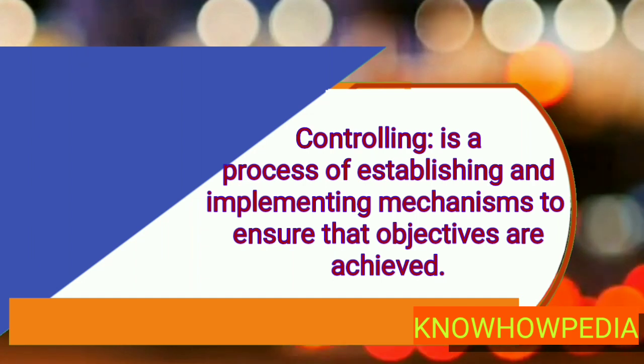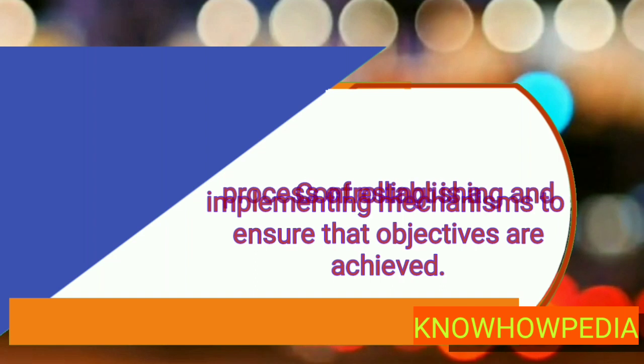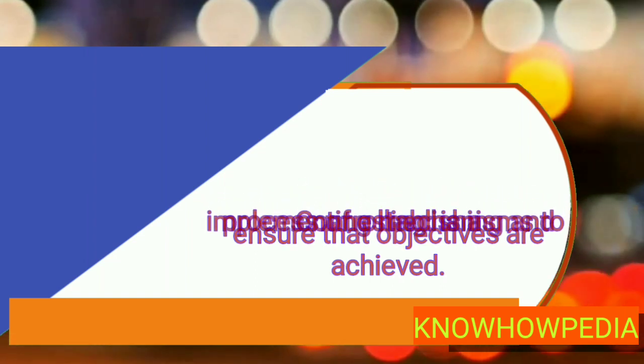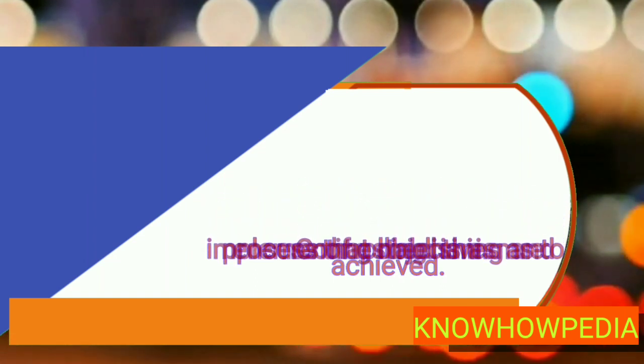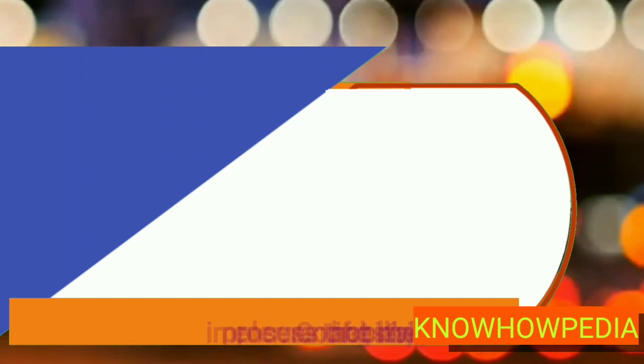Controlling will help us to make sure that we are in the right direction and we are not deviating from our goals. Everybody in the organization is working towards the achievement of those objectives, and this can be ensured only through proper mechanisms of control.